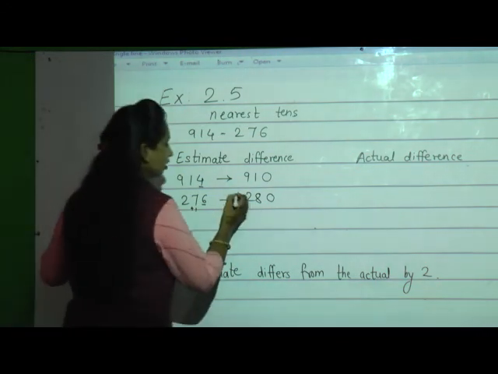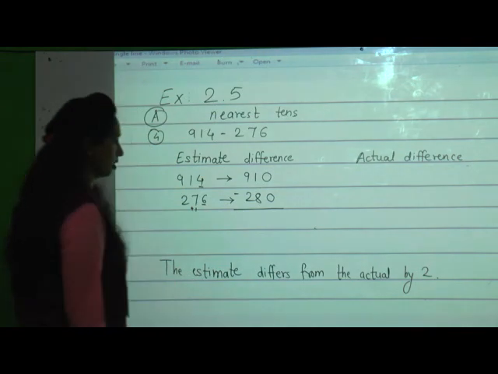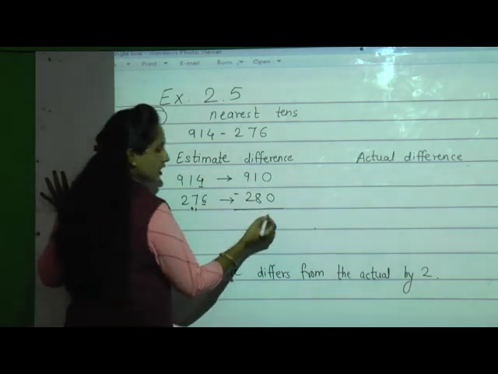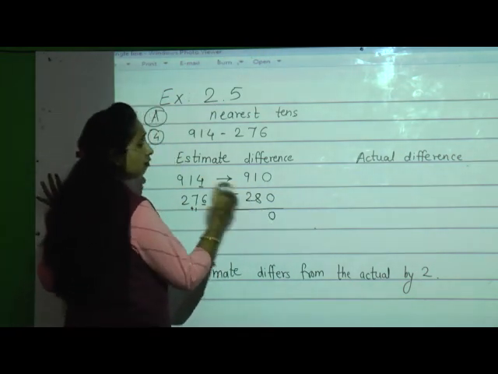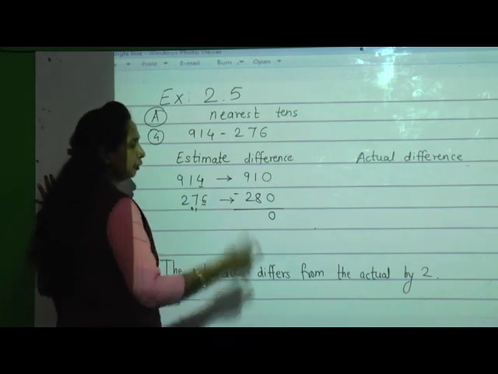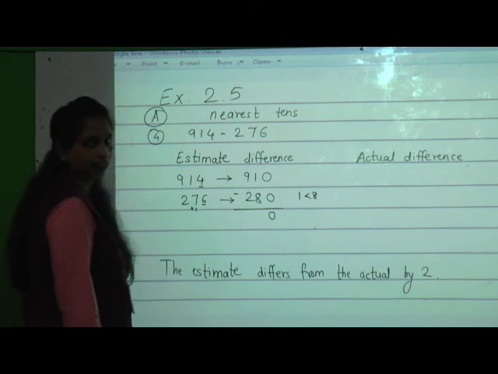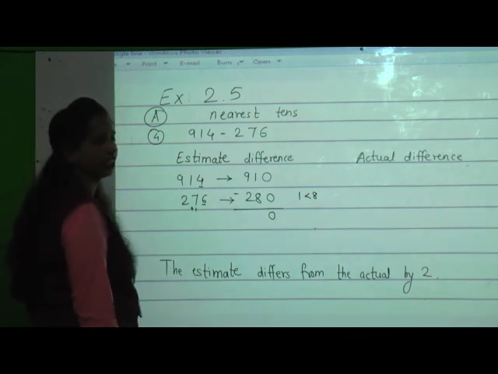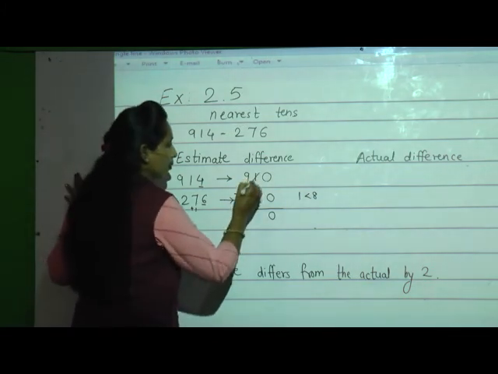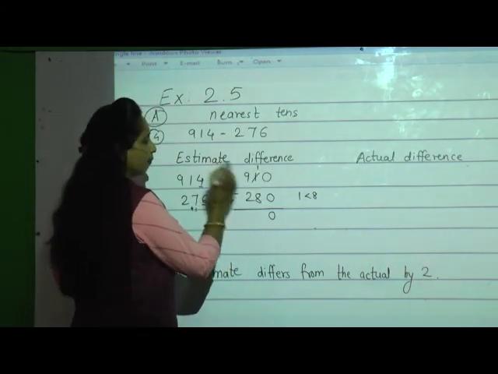Now we will find out the difference between both the numbers. So 0 minus 0 is 0. 1 minus 8 we cannot do because 1 is smaller than 8. So 8 is the greater number, so we cannot subtract. So cut the 1, write it as it is, and take a borrow from the neighbor.